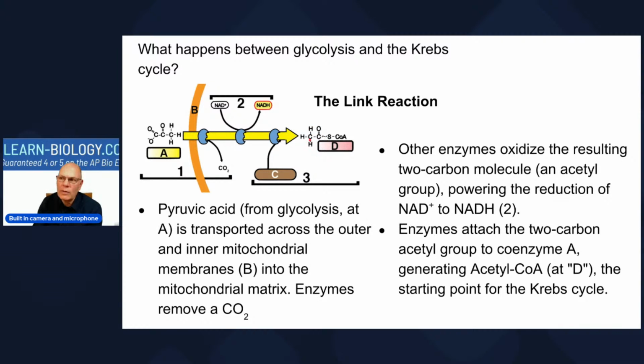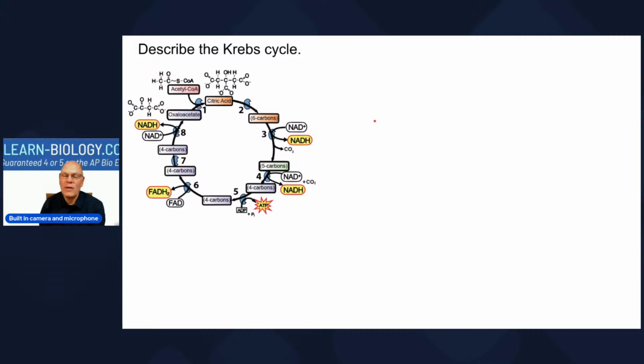This 2-carbon fragment attached to this over here, that's a sulfur atom, that's acetyl-CoA. That's a molecule worth knowing because it's the input of the Krebs cycle and it's the output of the link reaction. So we've now talked about glycolysis and we've talked about the link reaction. So now let's move forward into the next phase, which is the Krebs cycle.